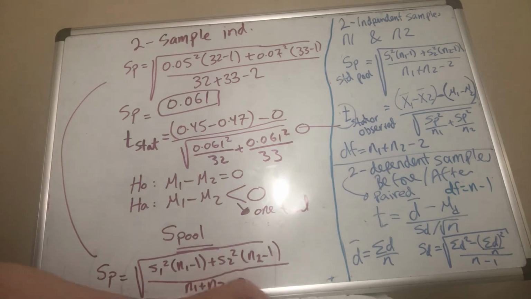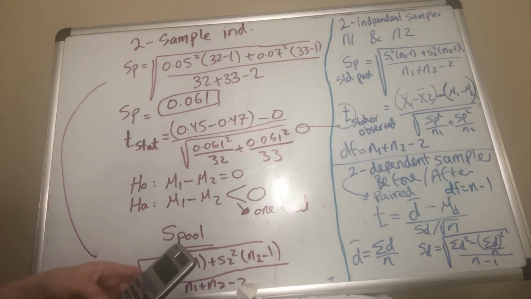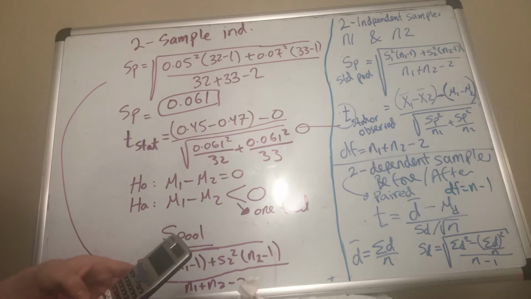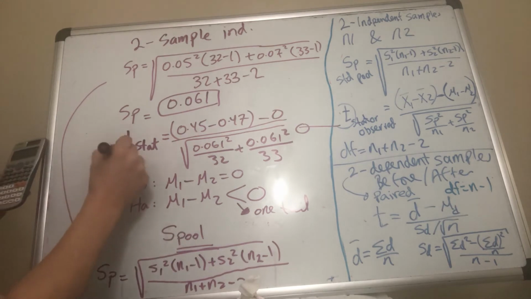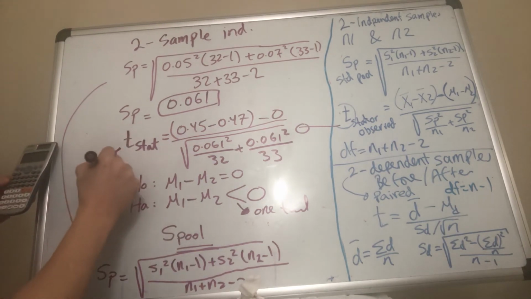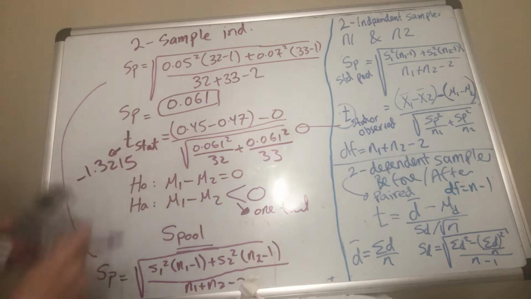So I'll grab my calculator and do this. Squared over 32. And then squared over 33. This gives you a t-stat of -1.3215.